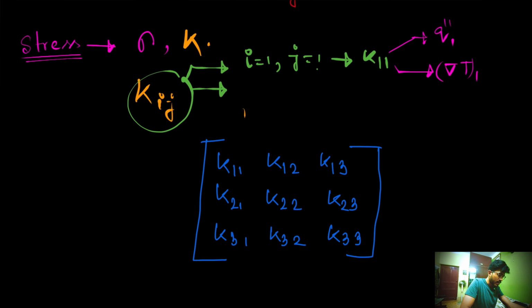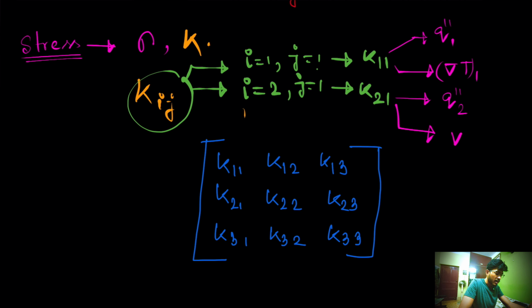Now if I take i equals 2, j equals 1, then I have k21, and it is correlating q2 double dash and gradient T1, okay.